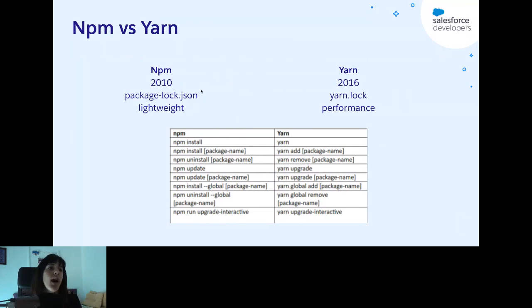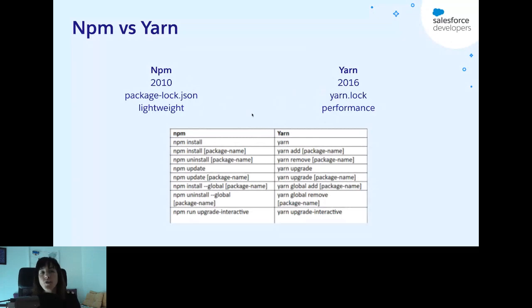When you run npm install or yarn, that we're going to see in a second, that these are the commands to initialize your project and download all the dependencies, npm is going to create a file called package-lock.json, while yarn is going to create a file called yarn.lock, but it's more or less the same.